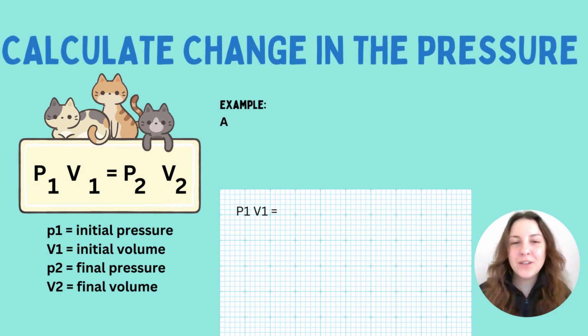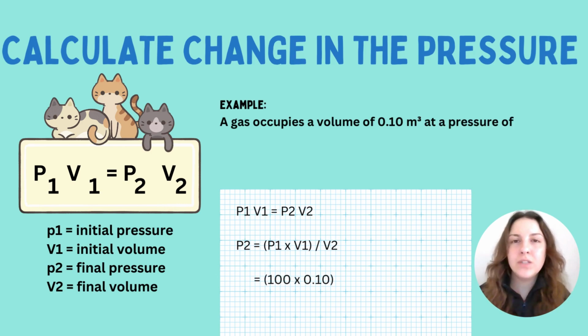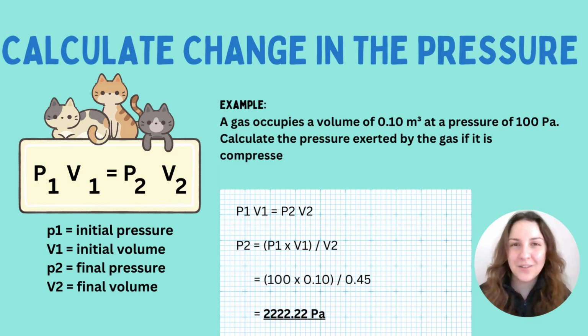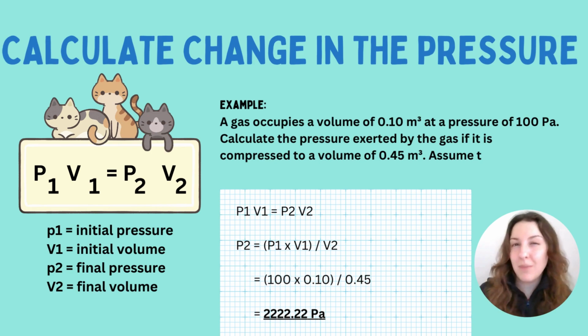So here is the type of question you could get asked in the exam, and it's essentially to calculate the change in pressure. So we're using Boyle's law, but we're actually using it in a different form. So we have P1 V1 equals P2 V2. And this looks really confusing, especially with the subscript numbers that are underneath the letters there. But actually, this is not as confusing as it may appear. P1 is just the initial pressure.